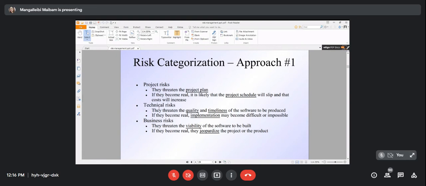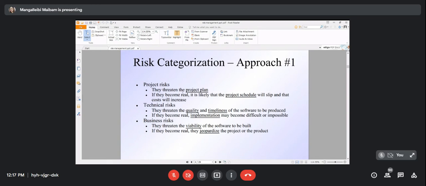And the second, technical risk, is where, when you implement your project, if any technical error or technical problem occurs which may affect your software development process, that is technical risk.